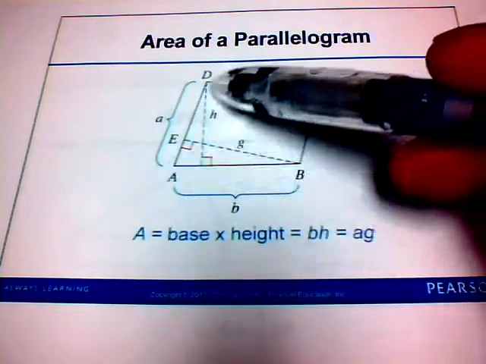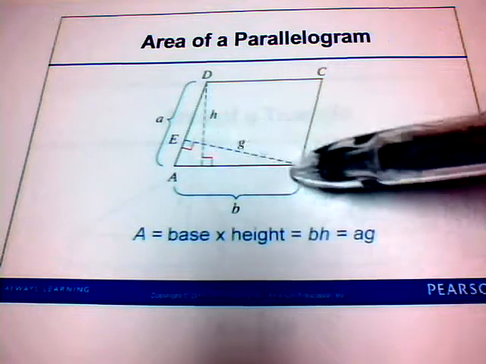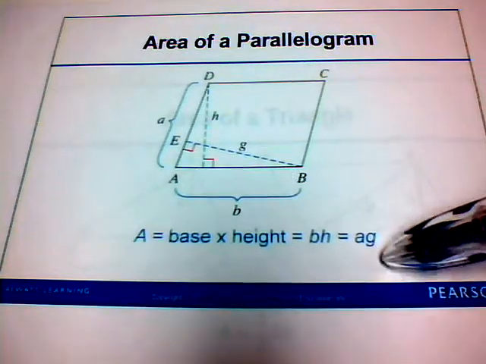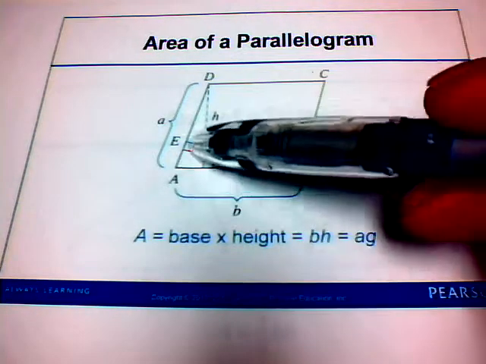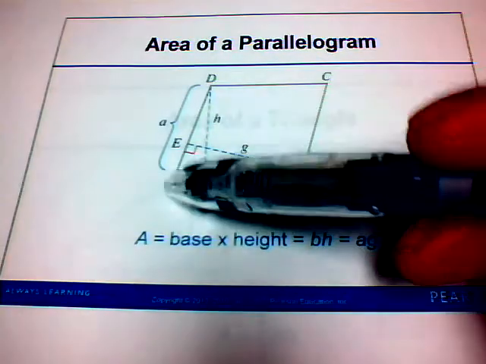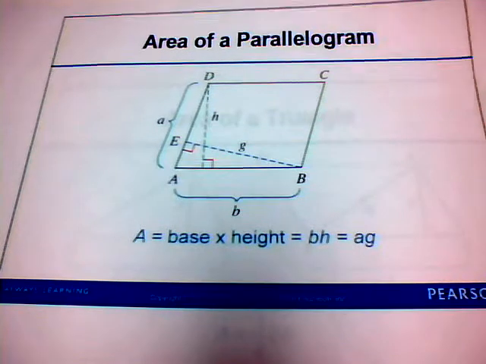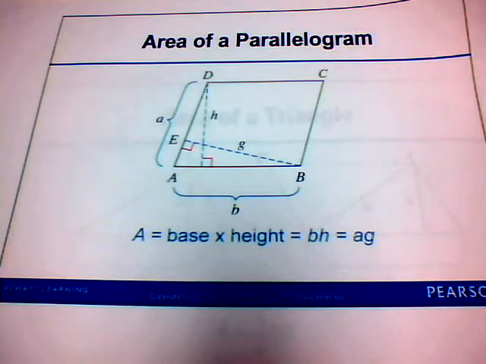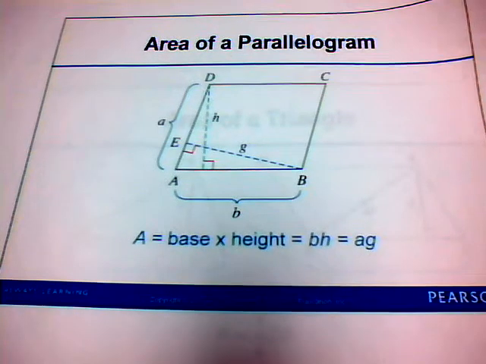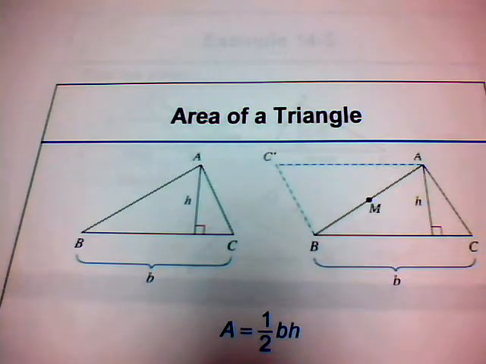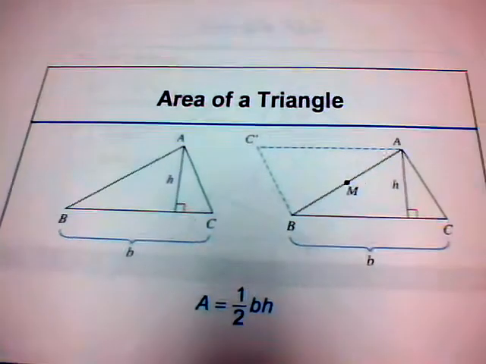Now if you were using the A for your base and the G for your height, then it will be A times G, because A is the base, G is the height. Keep in mind the base and the height are always perpendicular to each other in this two-dimensional figure. Okay. Next is the area of a triangle.